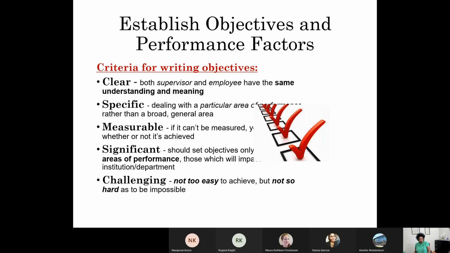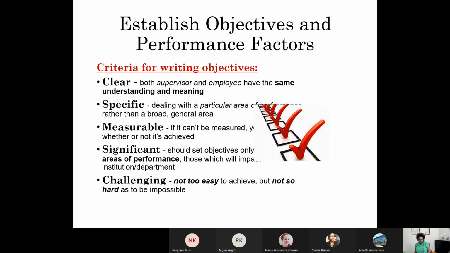The objectives should really be relevant to what's going on currently, and things that are going to make a real-time difference that you can relate to the department goals and the division goals and the institutional goals. And challenging, not too easy, so as not to be boring or demotivating, and definitely not too difficult so that it's impossible to accomplish and they're demoralized.